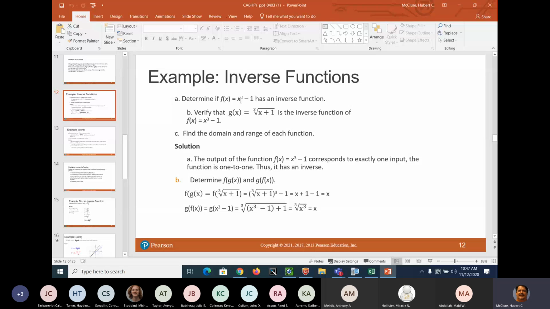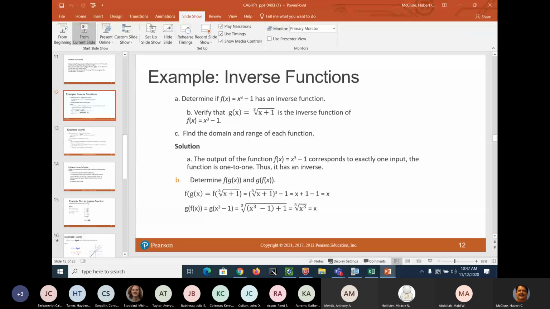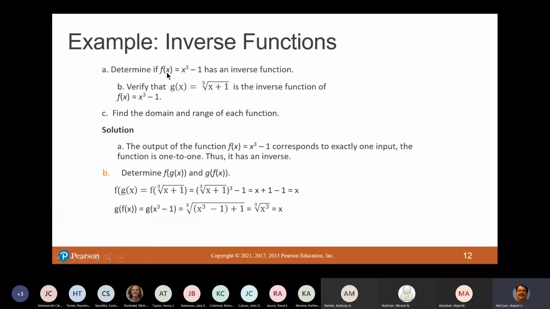All right, here's one right here. Here's the test question right here. Determine if f of x equal to x cubed minus 1 has an inverse function. So let's do that. F of x is equal to x cubed minus 1.